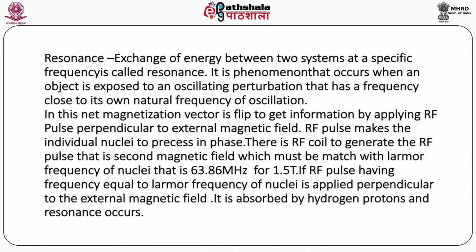If an RF pulse having a frequency equal to the Larmor frequency of the nuclei is applied perpendicular to the external magnetic field, it is absorbed by hydrogen protons and therefore resonance occurs.